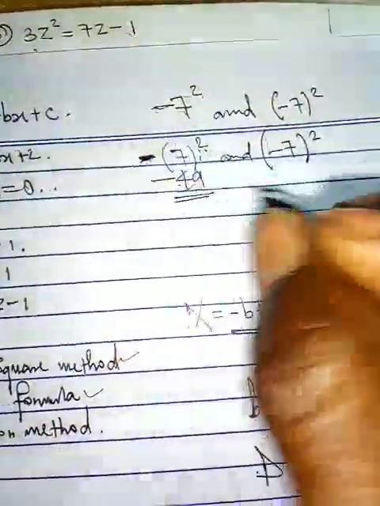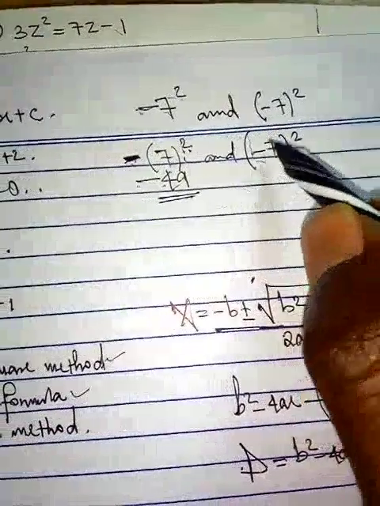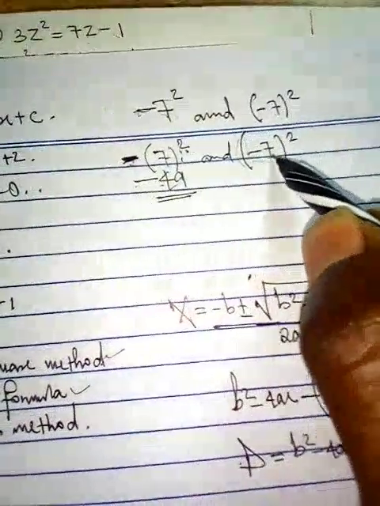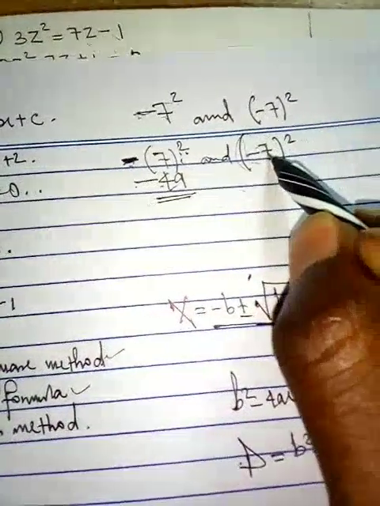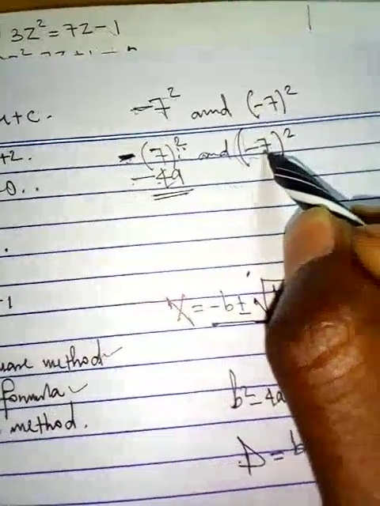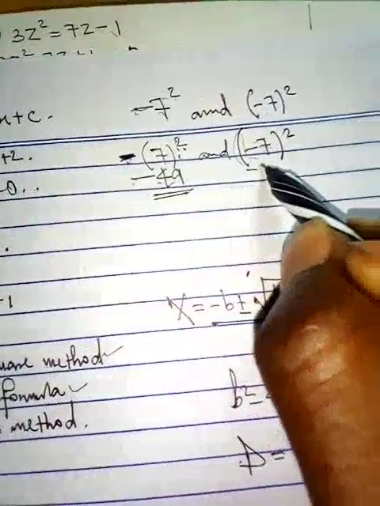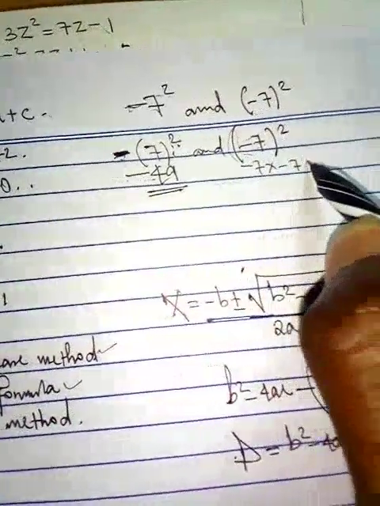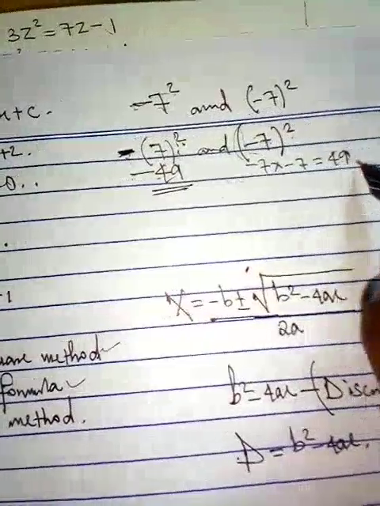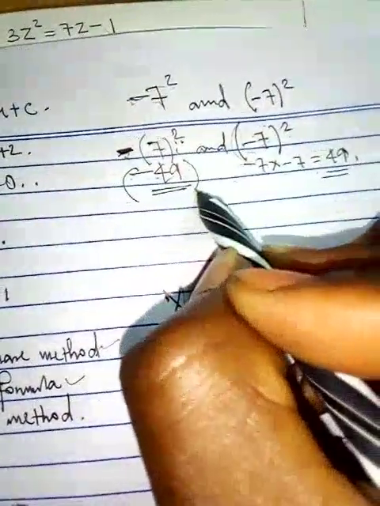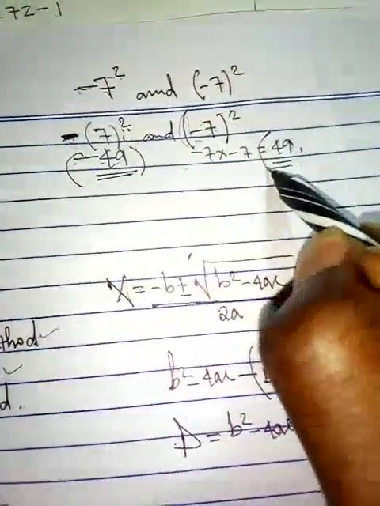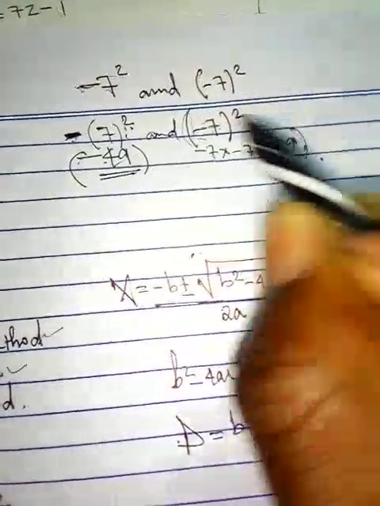But when we're talking about this one, the negative is inside, which means it's going to be affected in the same way as the 7. So negative 7 squared is just like negative 7 times negative 7, which gives you positive 49. So you see, here it gave you negative 49. In this problem, it's giving you positive 49. So be sure to know the difference between these two.